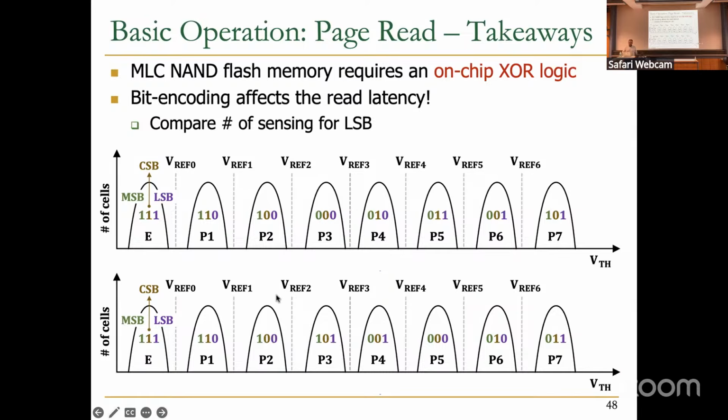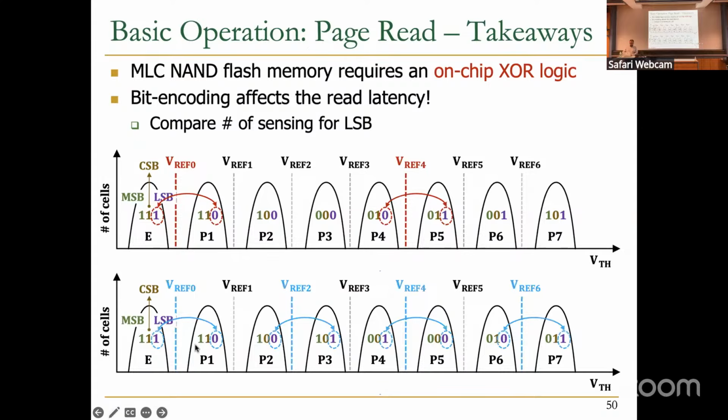Now let's compare the number of sensing operations for LSB here. When I say how many sensing operations, it means how many reference voltages we need to apply. For the top one, for LSB, we need to apply 2 reference voltages, VREF0 and VREF4.